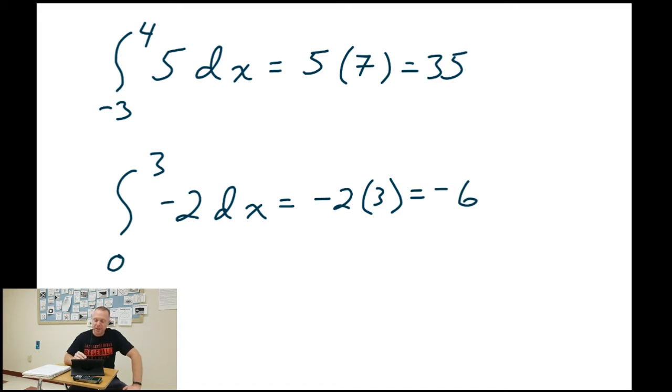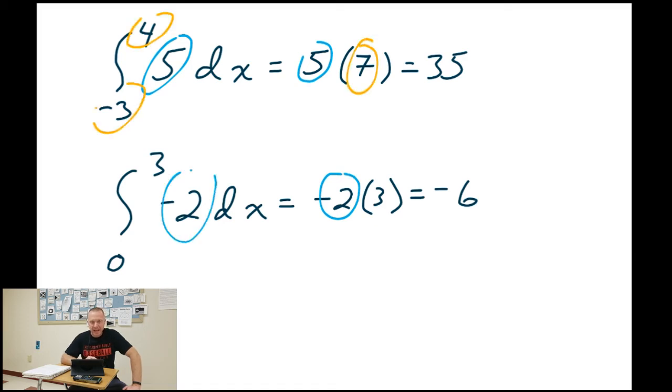Do you see that we only need the actual function, that constant value? And do you remember where this dimension came from? See how we can get it from our limits of integration? The dimension of 3, the dimension of 7. Well, we would discover that it's simply the subtraction of a and b.